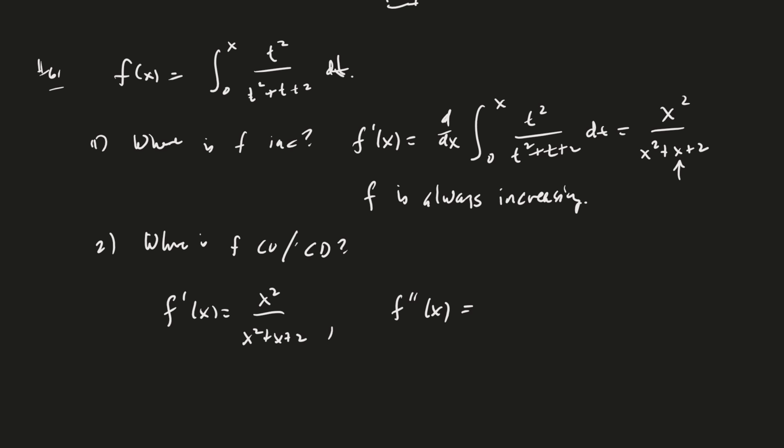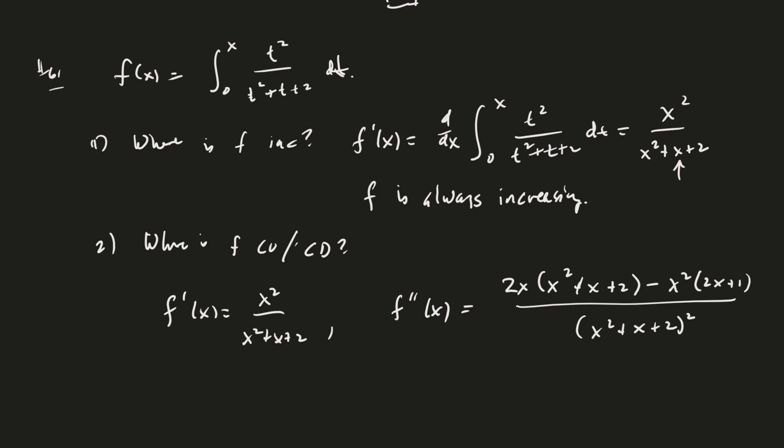We're going to need to use the quotient rule, right? And so derivative of the top times the bottom minus the top times the derivative of the bottom divided by the bottom function squared. Good.